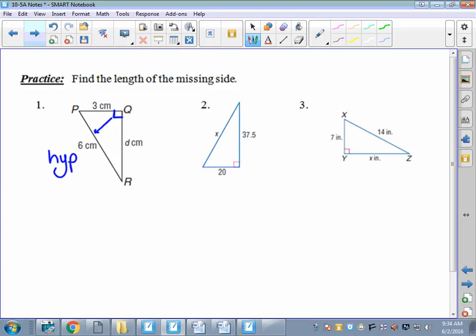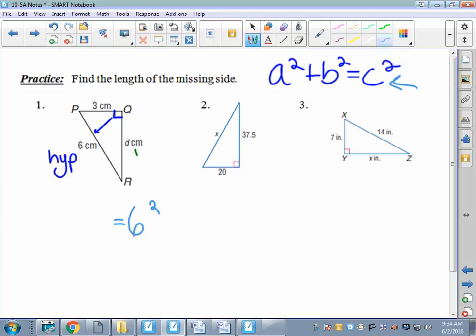So we know that the hypotenuse in a squared plus b squared equals c squared is always the one that's by itself. So we know it's going to be equal to 6 squared. As far as the legs go, it doesn't matter which order you put them in, as long as you have those two being squared and added. So 3 squared plus d squared equals 6 squared.